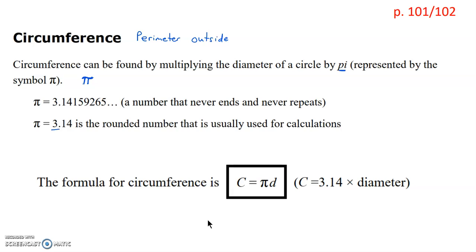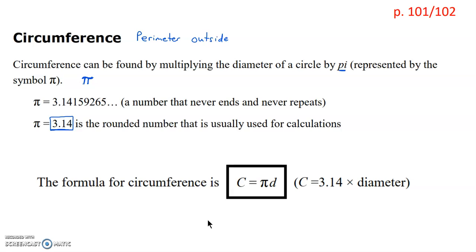For this course we're going to use 3.14, the rounded number that we use for our calculations. If you have a pi button on your calculator, for this course try not to use it because you will get a slightly different answer, but that will be useful definitely for future courses.